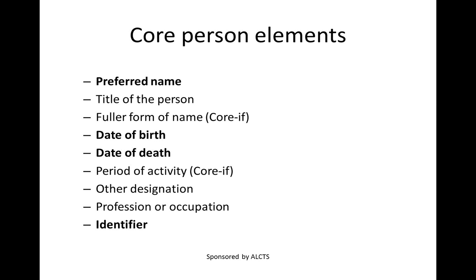So looking briefly at the core elements for each entity type in RDA, we can see that the list is fairly limited. The overlapping elements between RDA and DACS requirements are few as well, and are indicated here in bold text. For persons, this includes only the preferred name as part of the access point, the date of birth and death, and the identifier.